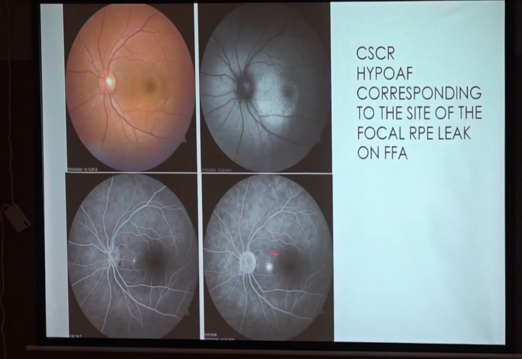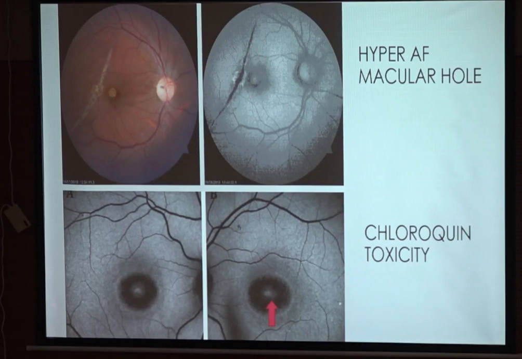CSCR: this is FFA showing the leak, because in case you want to laser that, your autofluorescence will also show it as a hypoautofluorescent area. The leaking point is seen as hypoautofluorescent on FAF.